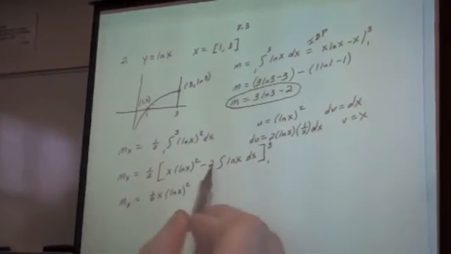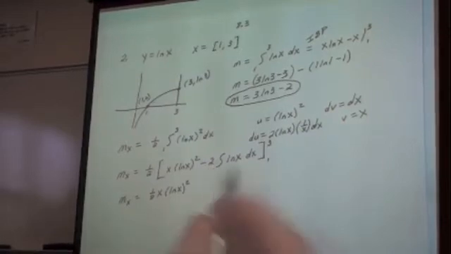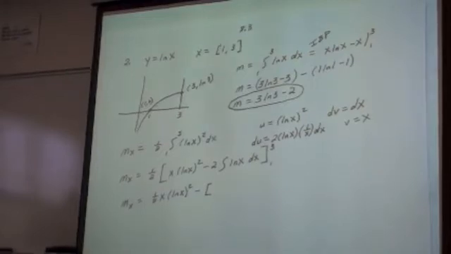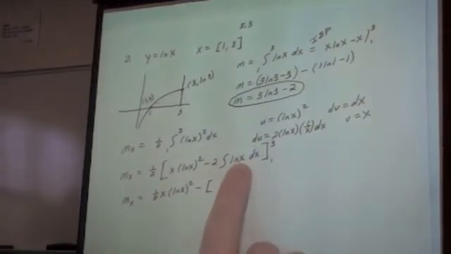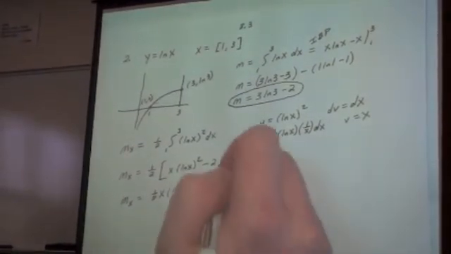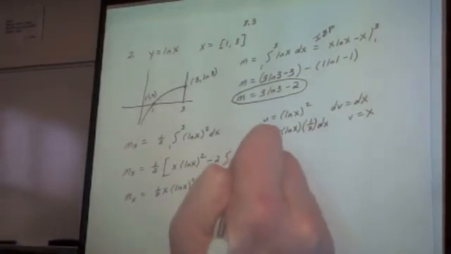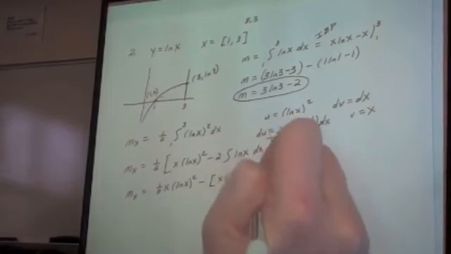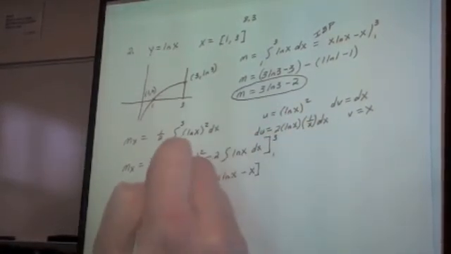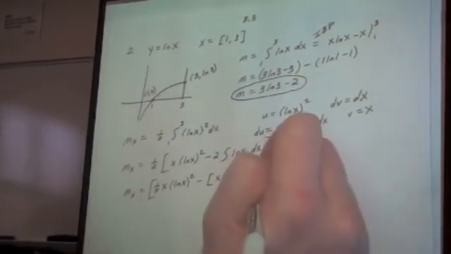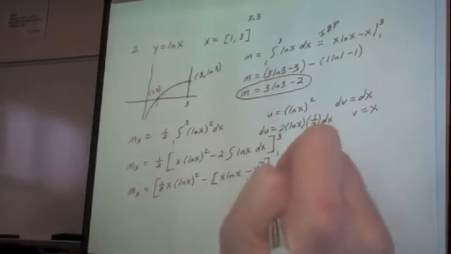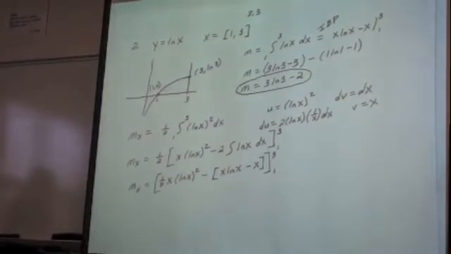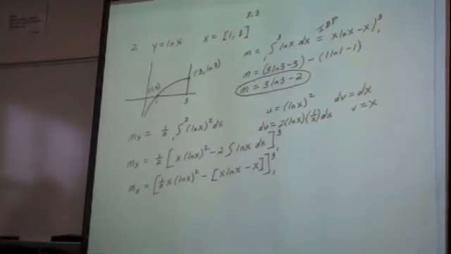This 1/2 and the 2 would eliminate. I'll have minus the group x ln x minus x, that's the integral of the natural log of x. I've kind of used a bracket where I should have used a parenthesis, but that's okay. I can still say this entire group is evaluated from 1 to 3.